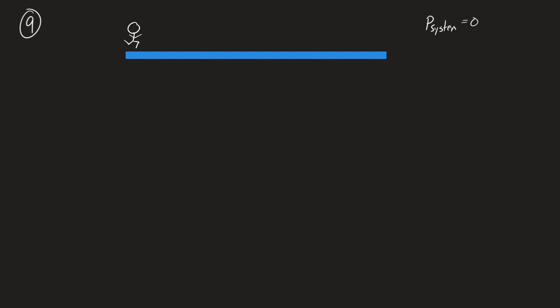I think the assumption here is that the sheet has no friction between it and the surface it's resting on. I think that's the implication, like he's running on ice and it's on the water. So he's going to start running this way. That means for the momentum of the system to stay 0, the sheet's going to have to go that way.